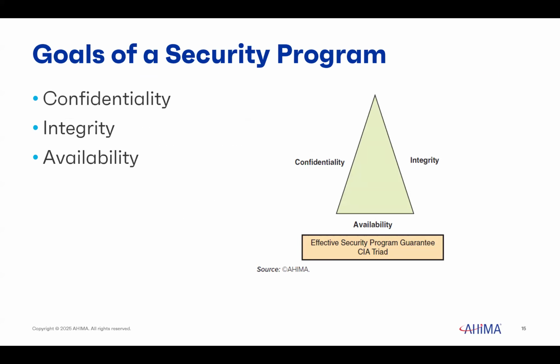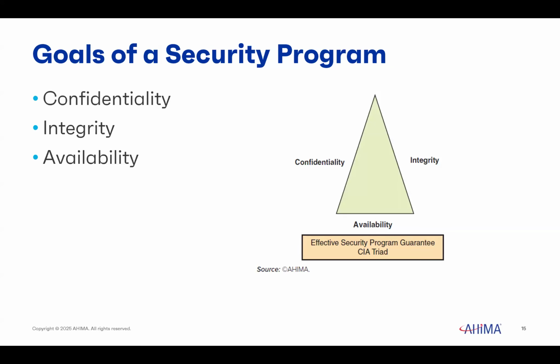Some goals of a security program is to balance confidentiality, integrity, and availability, right? We want to keep information confidential, yet on the other hand, we want to have it available, right?